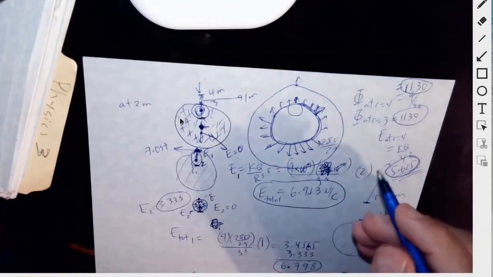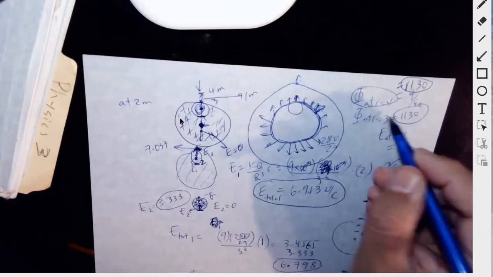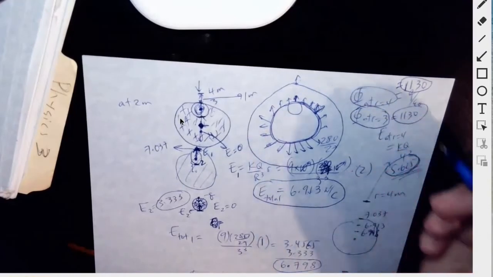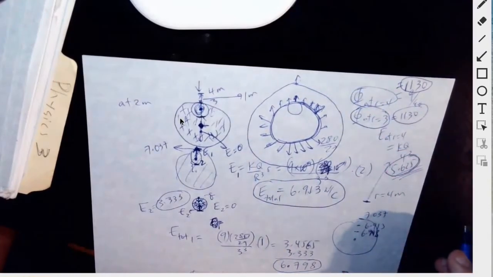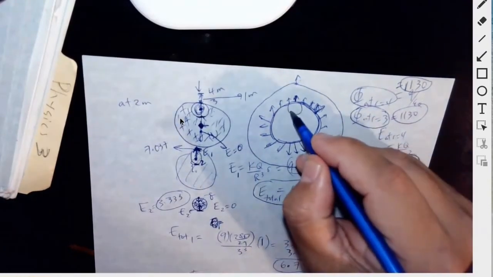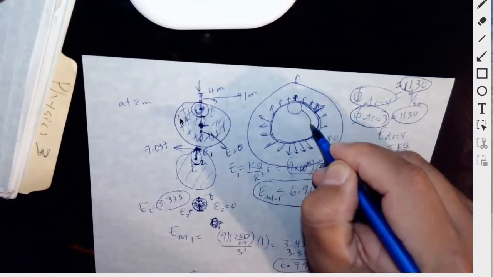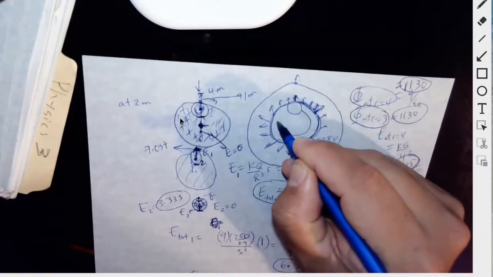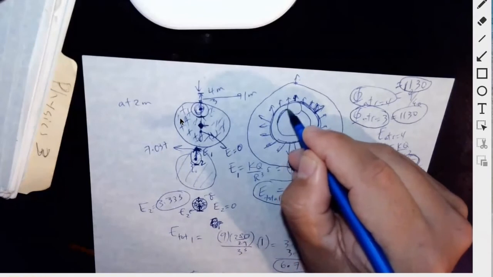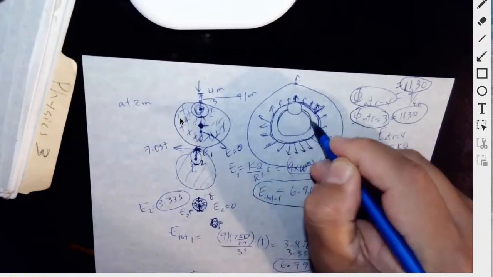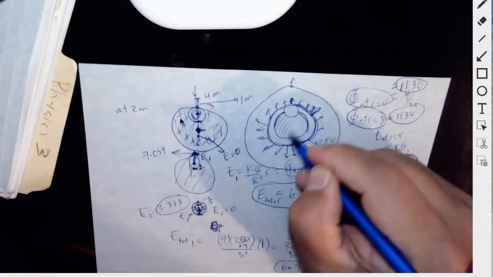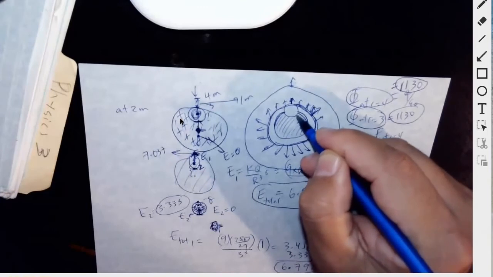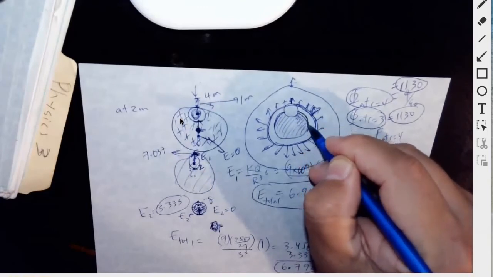Now, the flux at 4 is easy to do, and the flux at 3 is easy to do. But if the problem asks for the flux at 2 meters, ooh, that's a nasty problem. You have to figure out how much charge is included in a radius of 2.